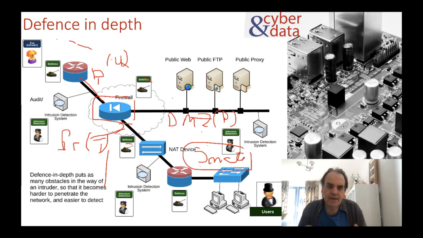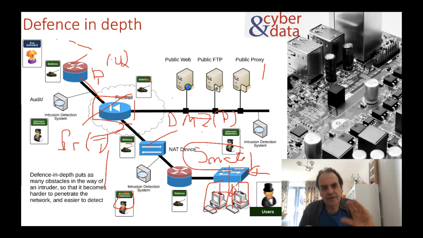In this case, we're implementing defence in depth because we have a bastion firewall, we have a firewall here, we put our services over there, we have a NAT device, we have an IDS, and so on. So we're applying defence at each level. We might even, in terms of connecting to a switch, differentiate between different networks here, so that that computer cannot directly communicate with that one because it's on what's called a different VLAN.